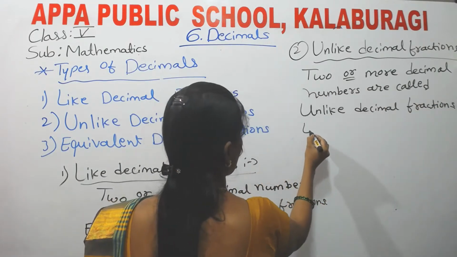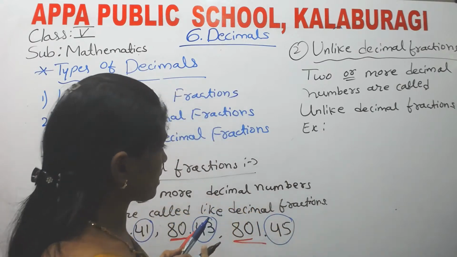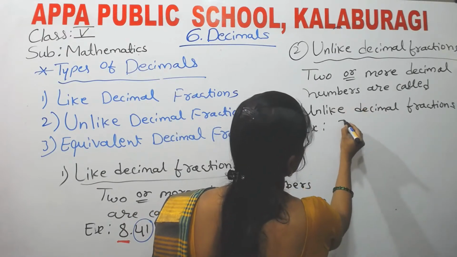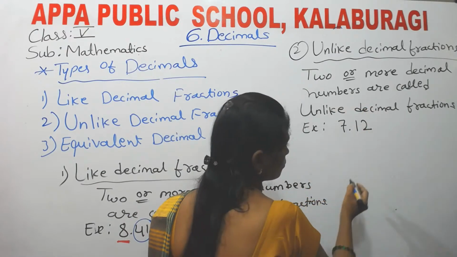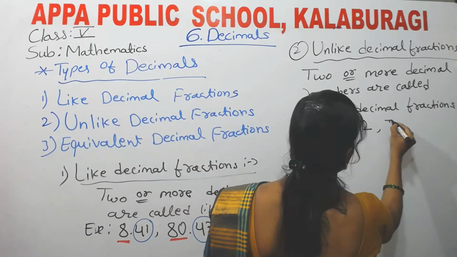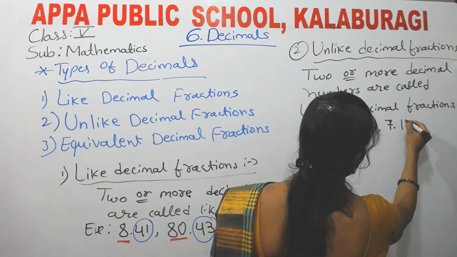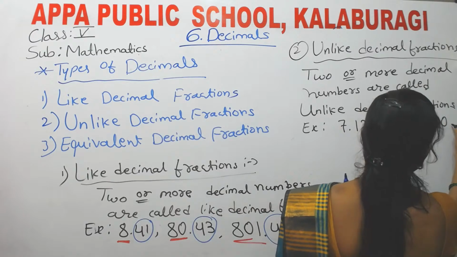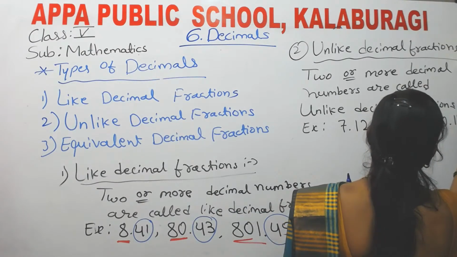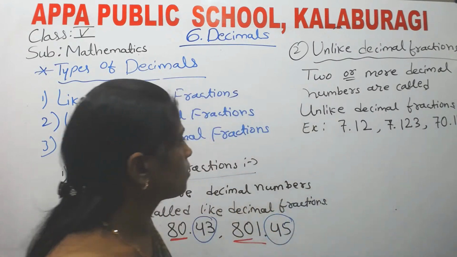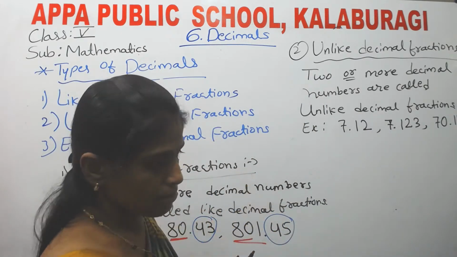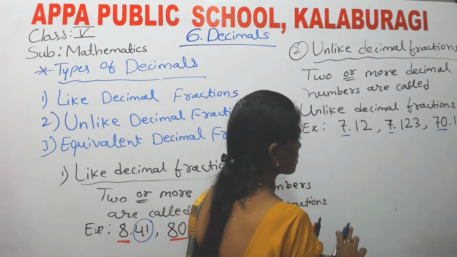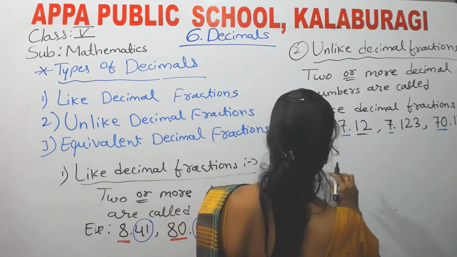For example, take another one: 7.12, 7.123, next 70.1234. Now here is unlike decimals: the integral part also changes, and the decimal places also change.